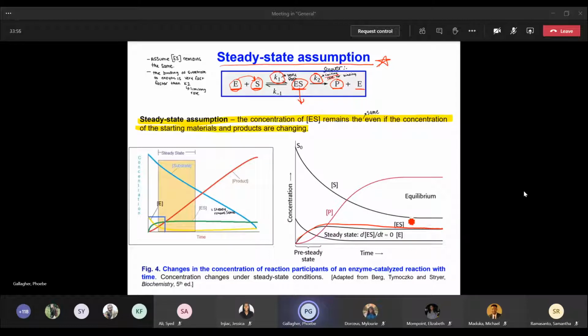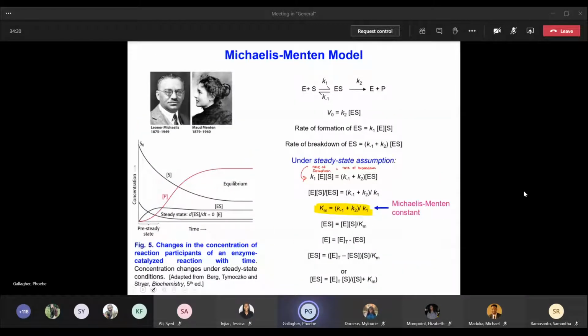That's, like I said, based on the rate of association being equal to the rate of dissociation, which also takes into account the fact that sometimes the ES goes back to being just E and then just S. So the steady state assumption is important for being able to derive the formula for the Michaelis-Menten plot, which you will see now. Okay.